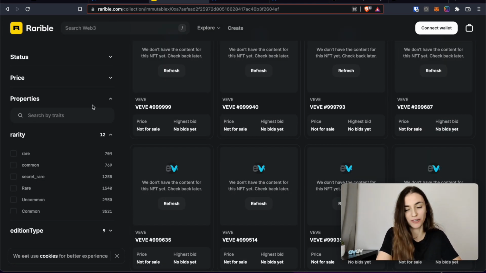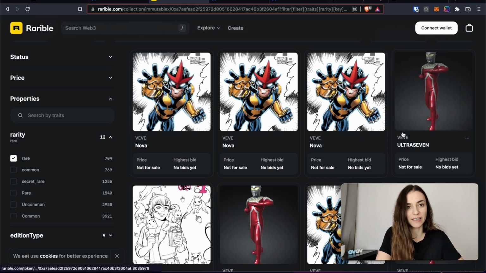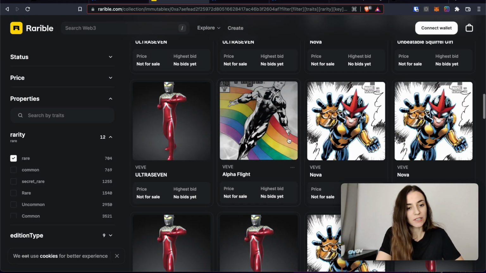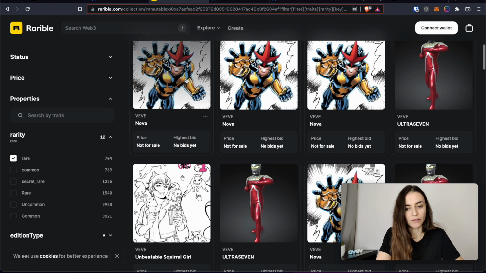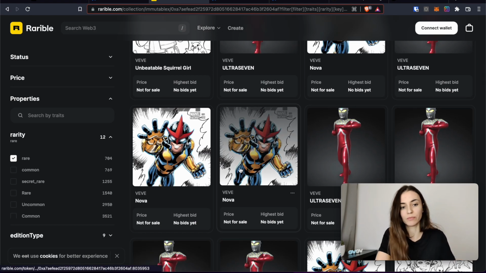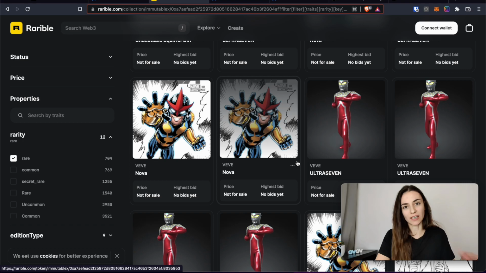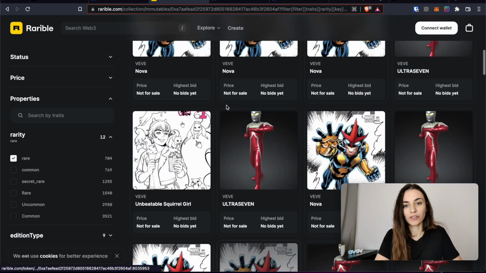We have to find, of course, one of the NFTs that already has the metadata. But for example, if we filter for rare, then we will get those NFTs that have the metadata already added. So, for example, here we have a lot of comics, the Ultraman, so everything that has been minted recently. But I have already found some older collectibles, so they have started with the backfill of the data for the old collectibles.